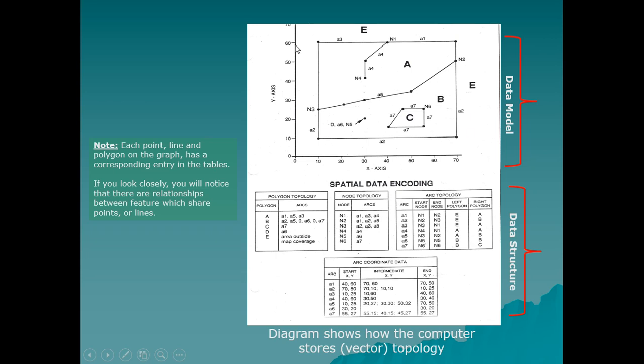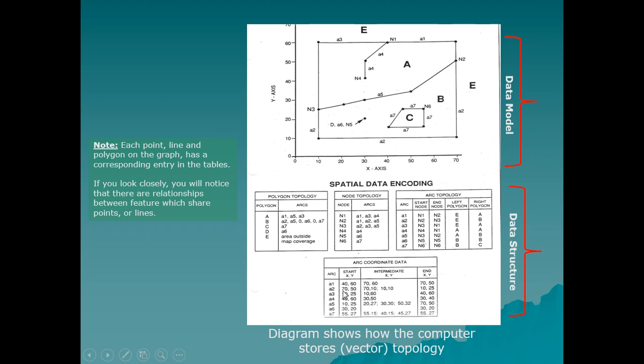We can actually identify coordinates because all of our features are located on a graph. We have our x-axis and we have our y-axis. So these coordinates are what are going to be used in our data structure organization to describe location and relationships of features to each other.